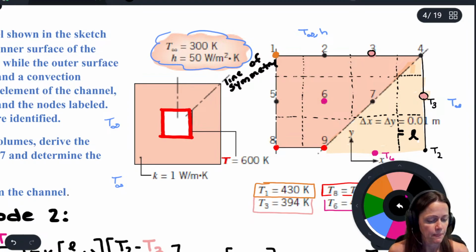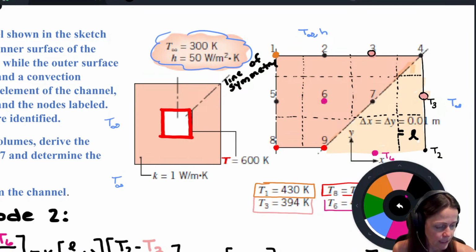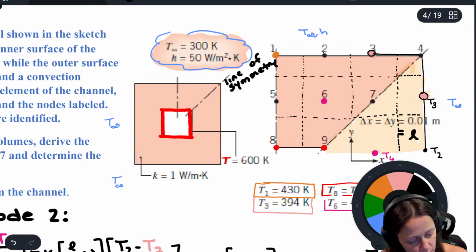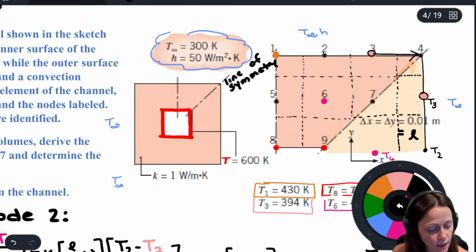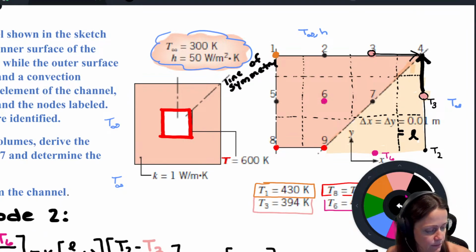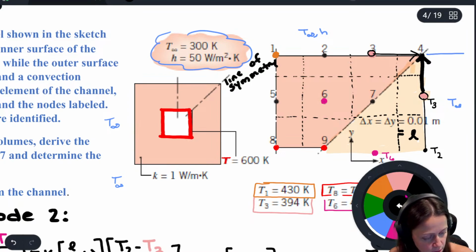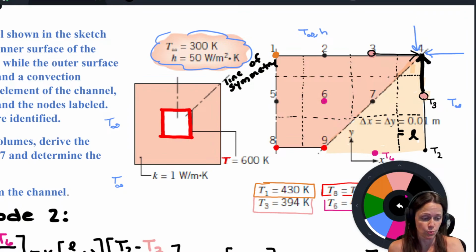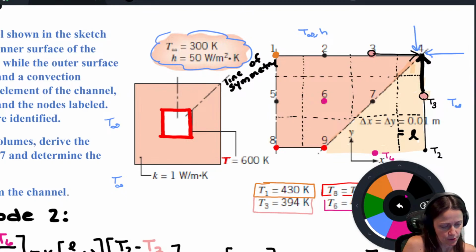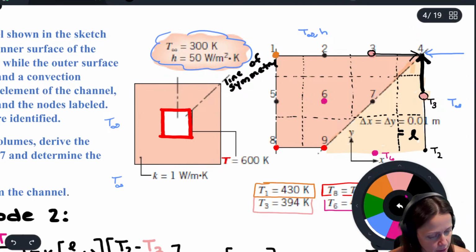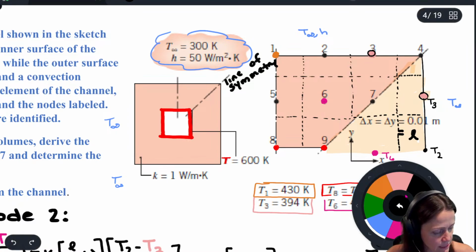So if I do an energy balance on node 4, I have conduction from node 3, and then I also have convection through that half and that half. The area through which you've got convection is actually not half, it's a full area. So hopefully you can see that. I'm going to erase those arrows so I keep things clean.